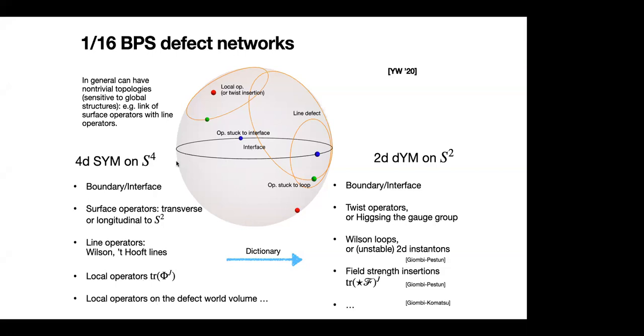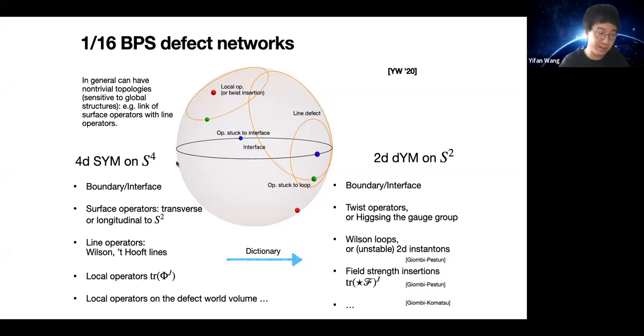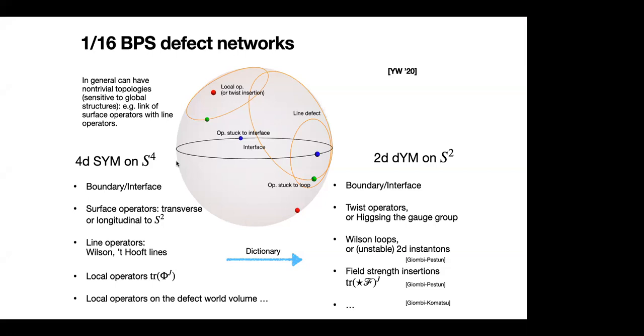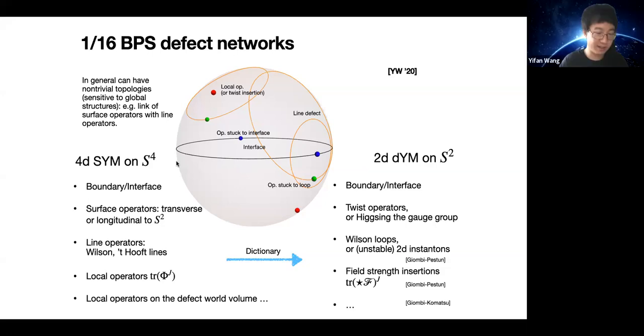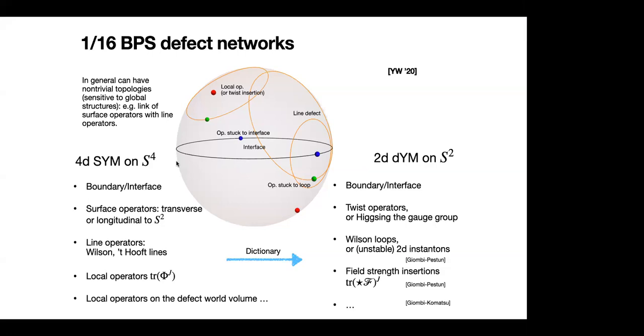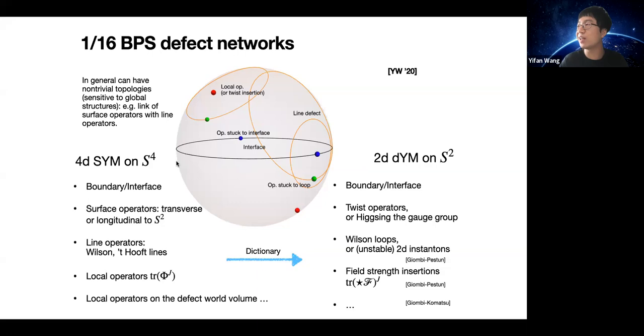Sorry, Yifan, suppose you took one example, let's say a D3 with a D5. If the D3 is in the 0, 1, 2, 3 directions, where can I take the S2 to be lying, in the 1, 2, 3? Is the unit S2 in the 1, 2, 3? Yes. And where is the D5 in these dimensions?